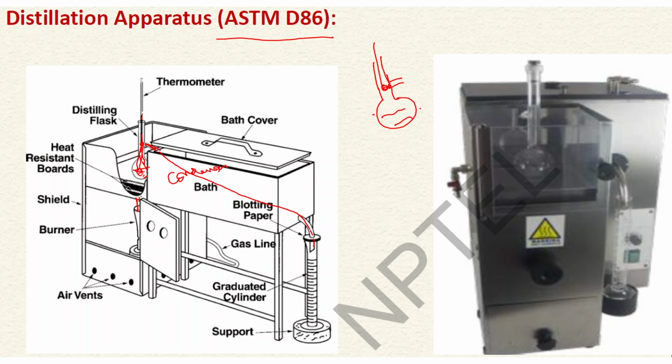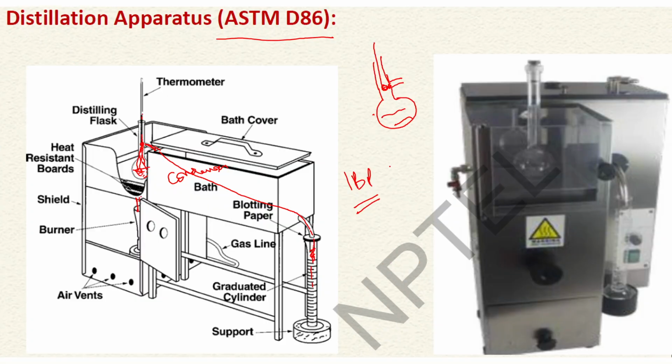So the vapors from the limb go into the condenser and get condensed, and after condensing start dripping into this collecting tube. The temperature at which the first drop falls is the initial boiling point, and this temperature is recorded on this thermometer.